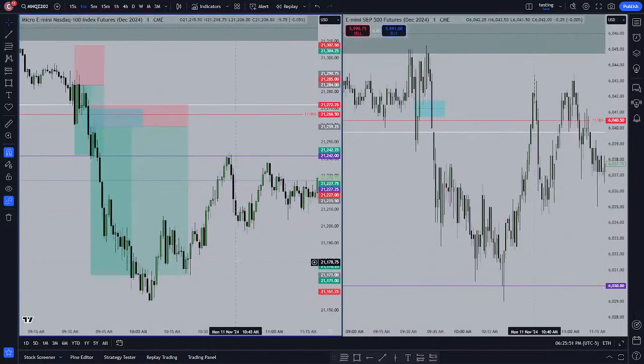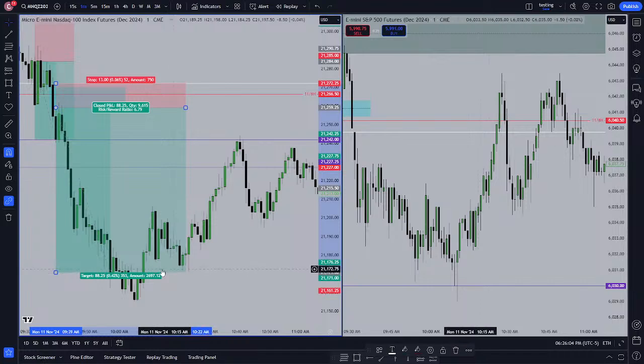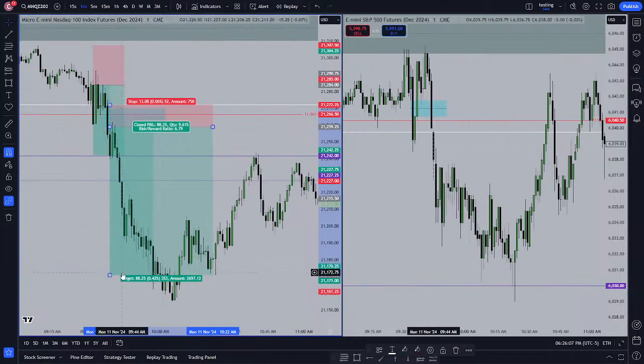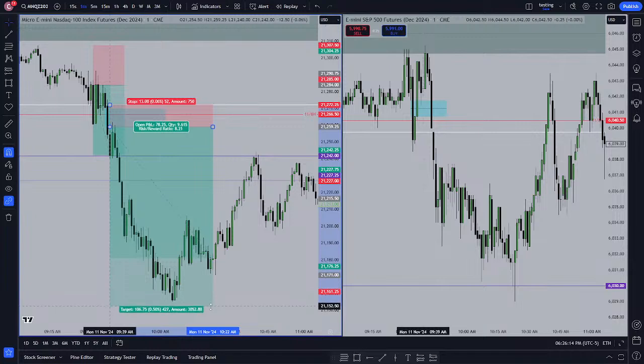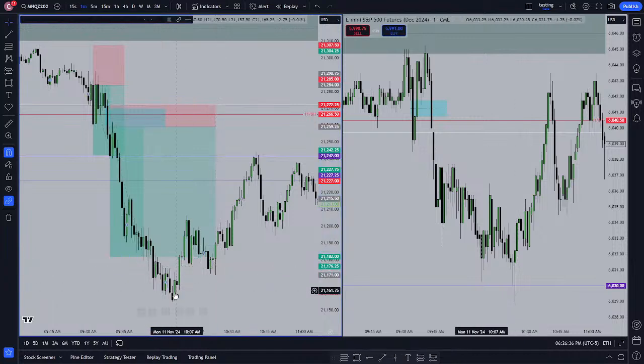So another setup would also be here. So you see why is it so off? Yeah, so this is another SMT.